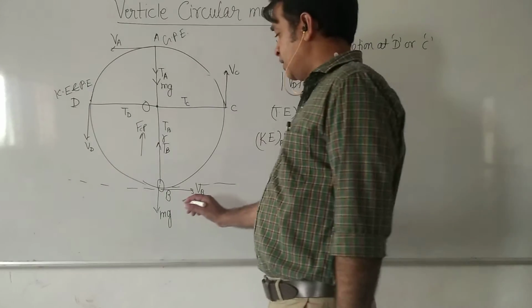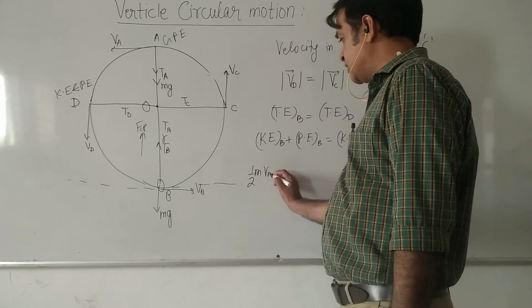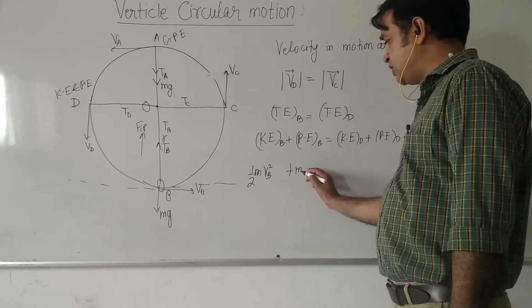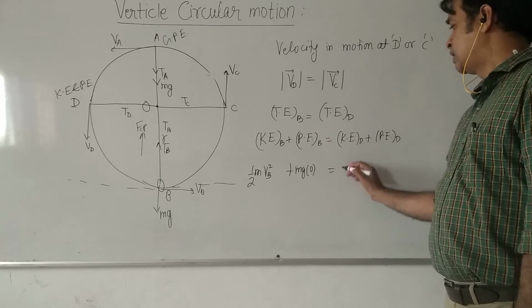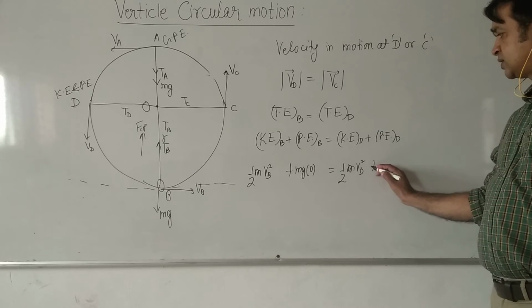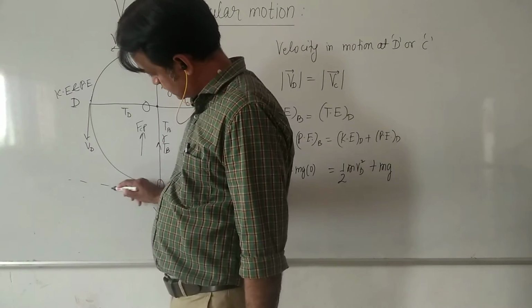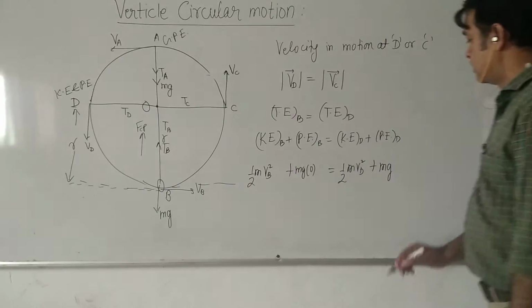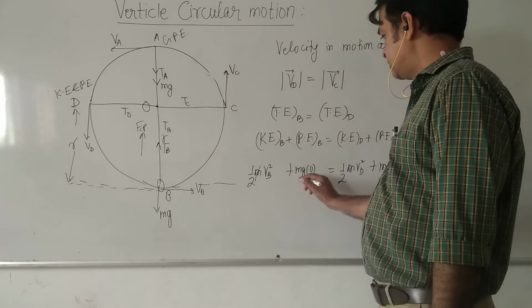Now K at the B point is half m Vb square plus potential energy mg times 0 equal to half m Vd square, plus potential energy mg, and the height from bottom is r. Now by solving, m cancels.